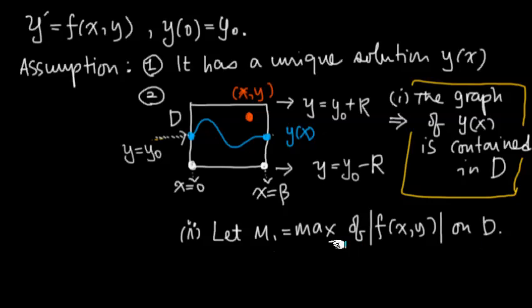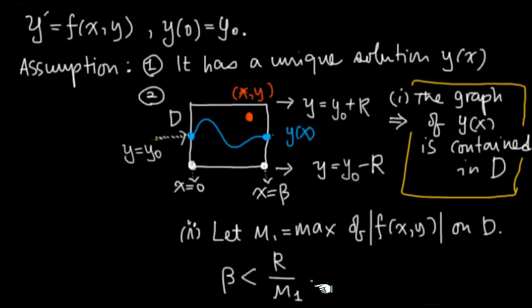That maximum we're going to call M1. This M1 and maximum part is not ineffective, we know what f of x,y is, but we don't exactly know what the size of R is. Therefore, this part on D makes M1 ineffective. We know the existence, but we don't know what it is.